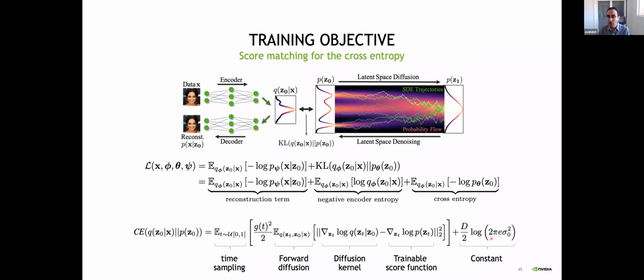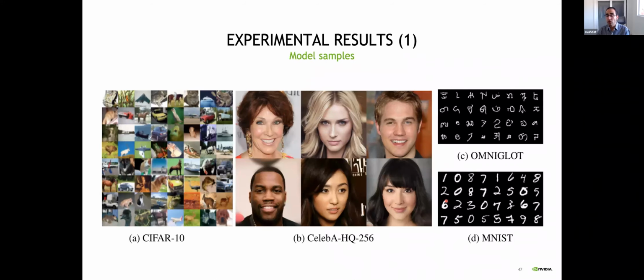And here you have a constant that you can ignore because it does not depend on Q or P. This simple expression is very helpful for training both the encoder and prior at the same time. Using this technique, we got good results on standard benchmarks like CIFAR10, CelebA-HQ, and MNIST datasets.